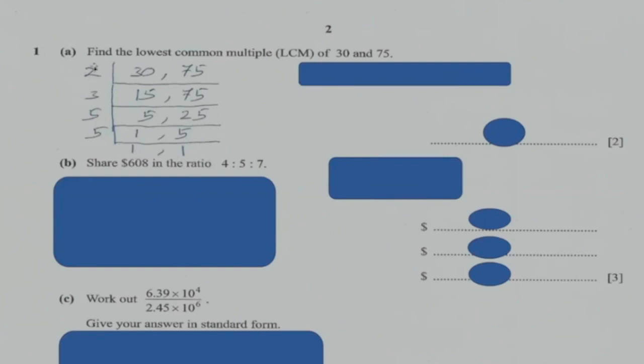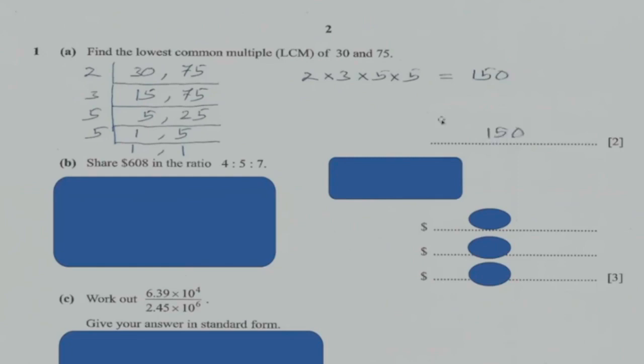Now we multiply these numbers to get the answer. 2 times 3 times 5 times 5 is 150. The lowest common multiple, LCM, is 150.